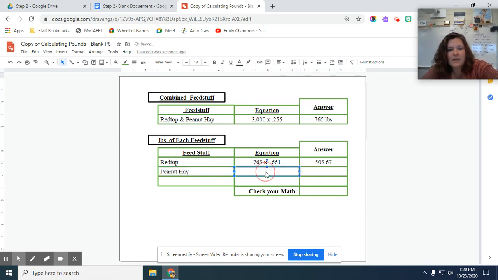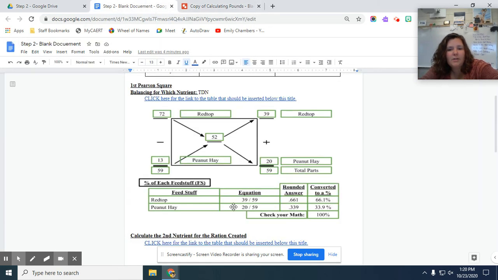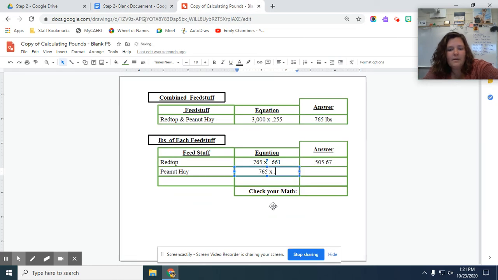We're going to do the same for peanut hay. We're going to use that 765, which is our parts of just peanut hay and red top together, and we're going to go back and take that original percentage. So again, you got to go back. Our peanut hay specifically was 0.339.